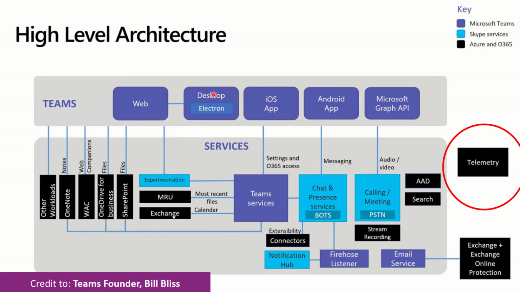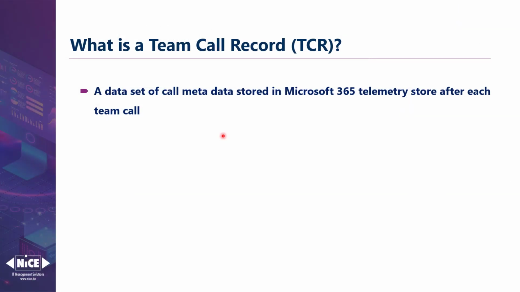One of these records we call a team call record, and that's the term I want to put out first here. So what is a team call record? The call record is a data set of all call metadata stored in the Microsoft 365 telemetry store after each team call. That is the set of data we want to have a look at today.